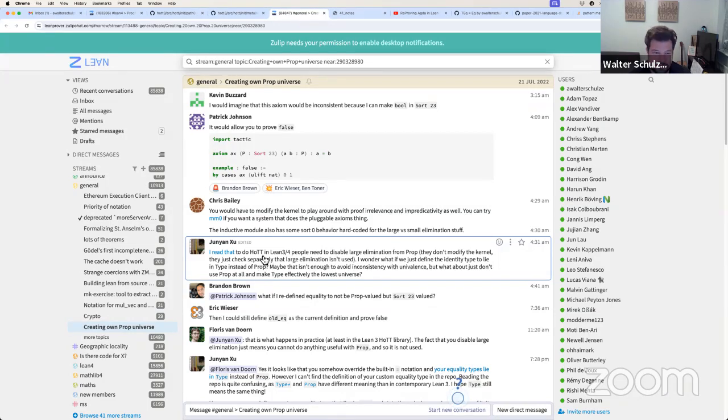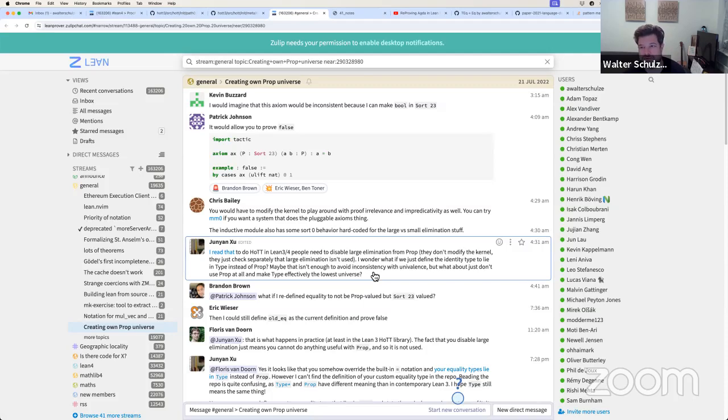Okay, so right there, to do homotopy type theory, you need to disable large elimination from Prop. They don't modify the kernel, they just check separately that large elimination isn't used. Interesting. I wonder if we define the identity type to lie in Type instead of Prop, maybe that isn't enough to avoid inconsistency with univalence, but what about just don't use Prop at all and make Type effectively the lowest universe?